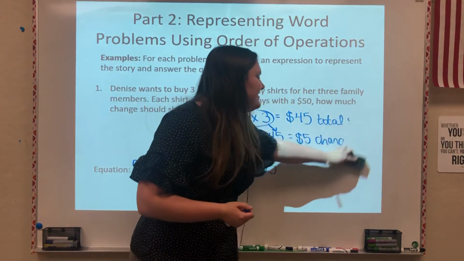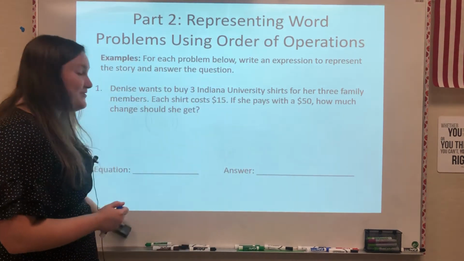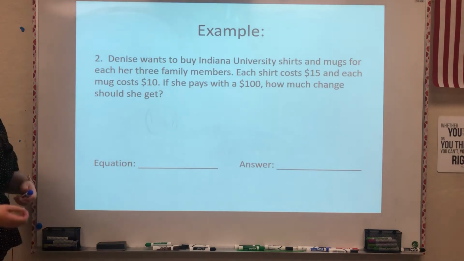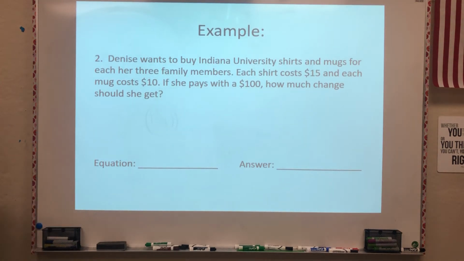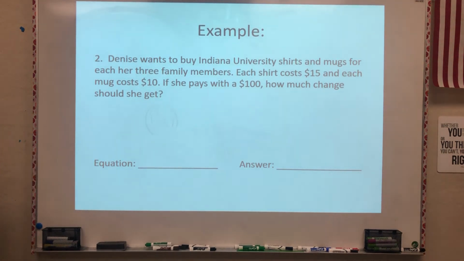I've changed this question just a little bit so that there's more going on for this second example. So again, we have Denise, and it tells us Denise wants to buy Indiana University shirts and mugs for each of her 3 family members. Each shirt costs $15 and each mug costs $10.